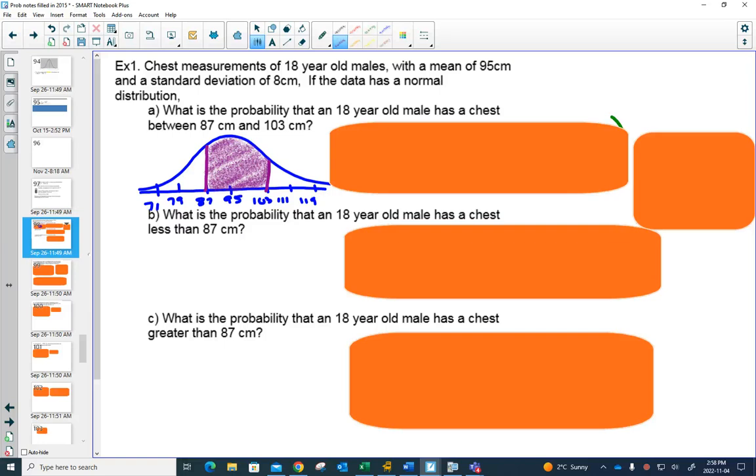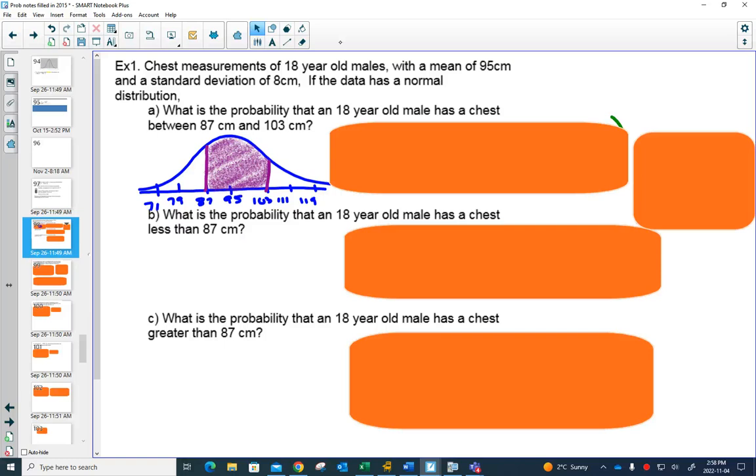Now we should be able to estimate this pretty good using our 68, 95, 99.7. What percentage do you think that should be? One standard deviation above and below. It was perfect, right? So according to the 68, 95, 99.7 rule, we would estimate this to be 68%.